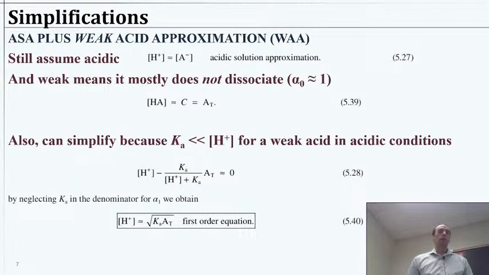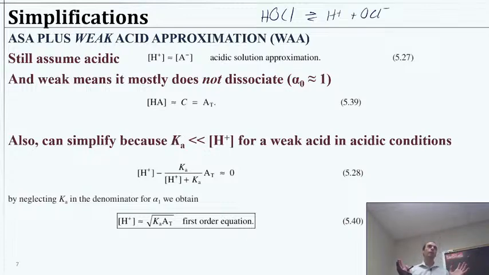Okay, there's one other thing we can add to this, and that is whether or not we have a weak or a strong acid. So if we have the weak acid approximation, a weak acid, something like HOCl, does not fully dissociate. So we will have some HOCl and some OCl minus.